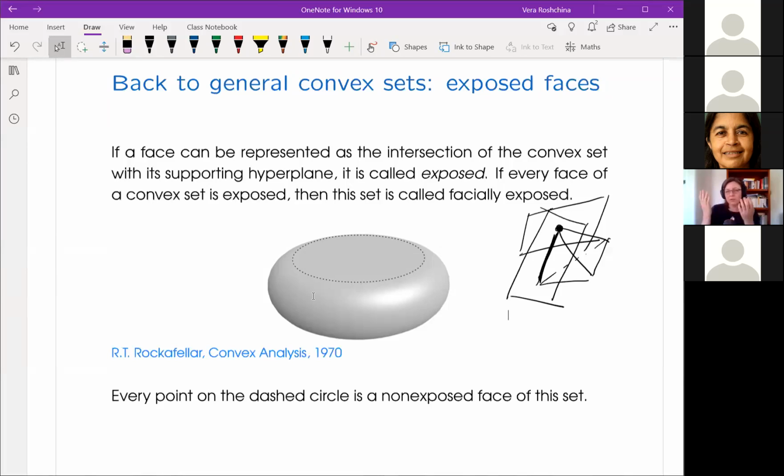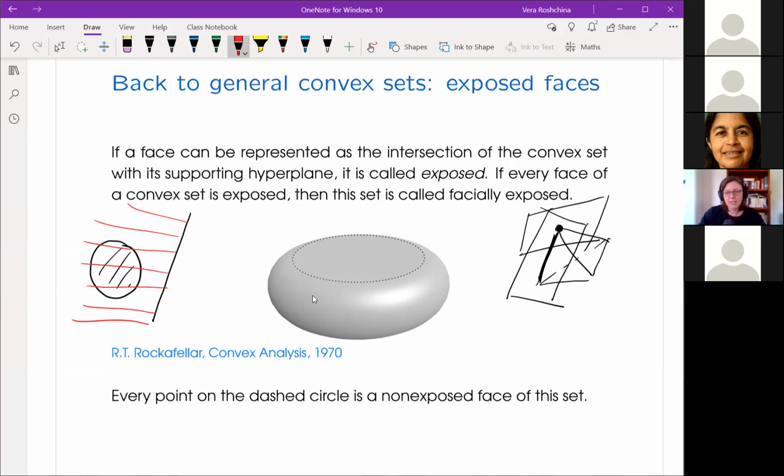So say I have a convex set on a plane, and then I take any line, right? This line is such that one of the half planes that it defines contains this convex set. So this is a supporting line for the set, but it's not very useful.